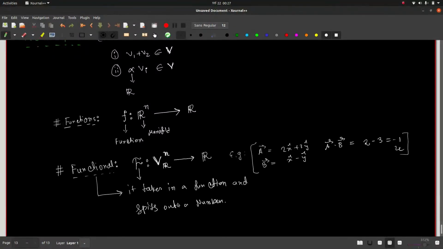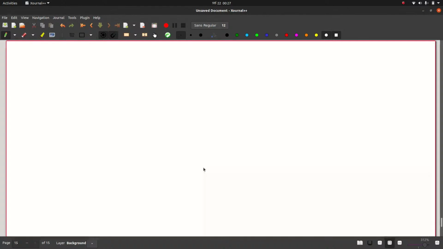In that sense, a definite integral would also be a functional. A derivative at some point would also be a functional. So you have already seen examples of functionals, but this is the definition that is not introduced in your general first year calculus books.